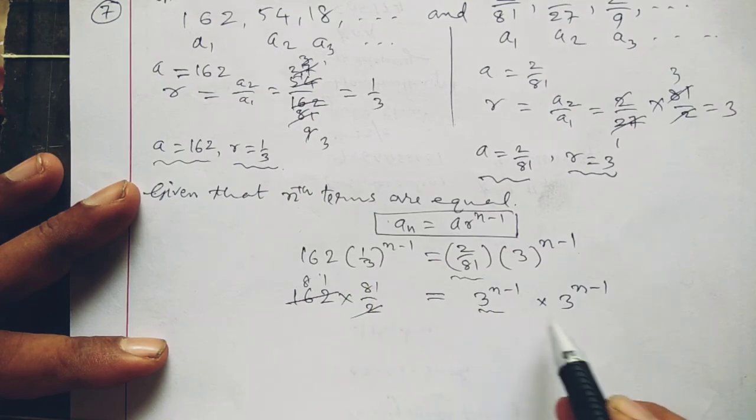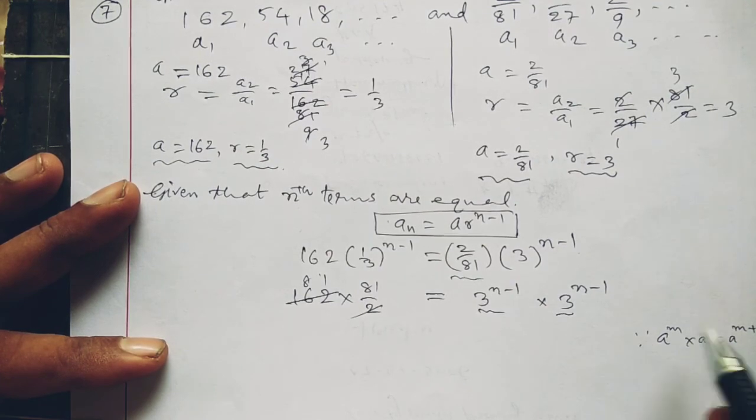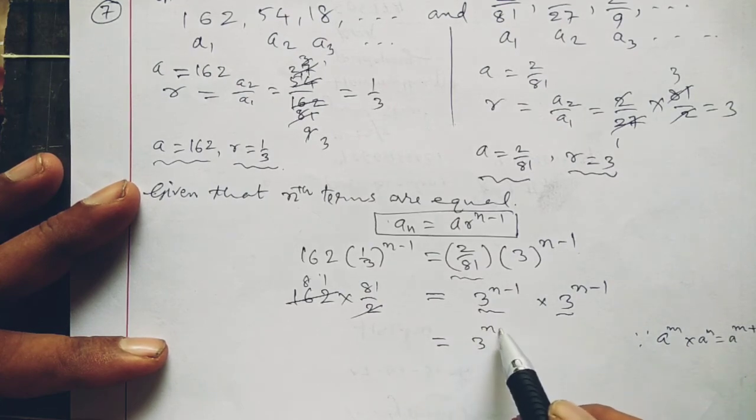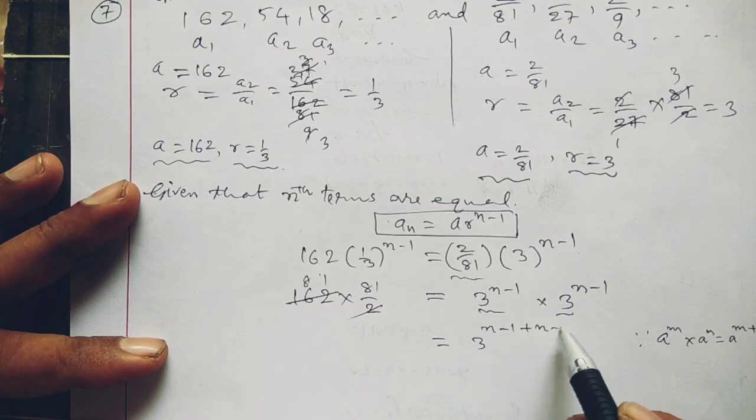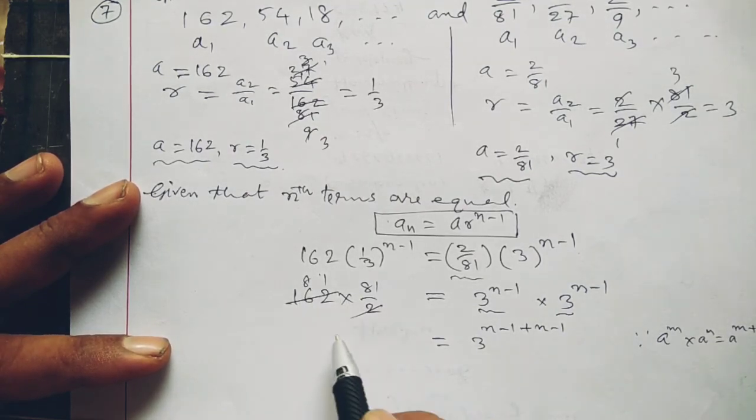Here the bases are equal: a power m into a power n, then we can add m plus n. So 3 to the power of n minus 1 plus n minus 1 is equal to 81 into 81.